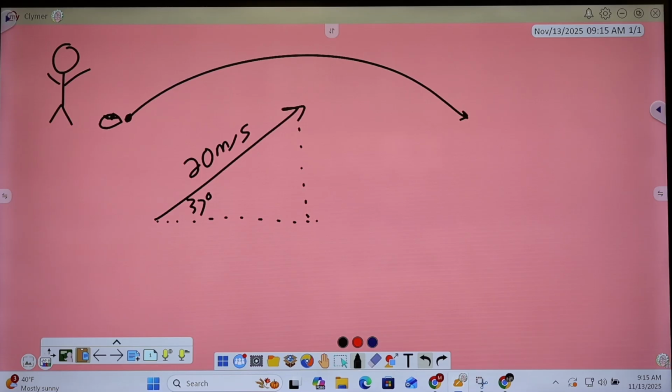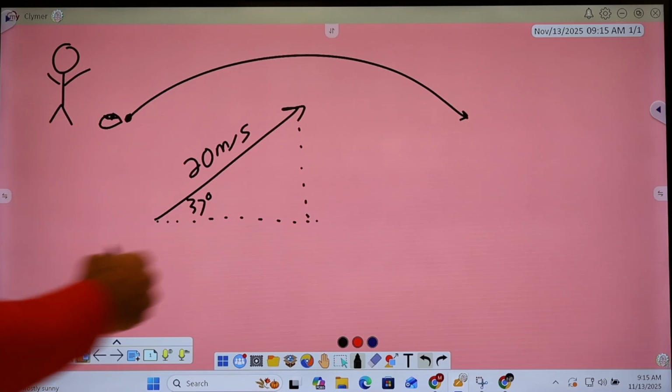How does that information help us with what comes next? Solve for what? We can break this into horizontal motion, the outward motion, and we can break this into the up and down motion.